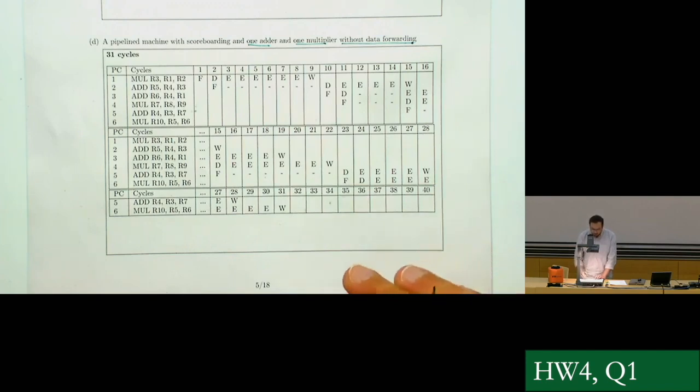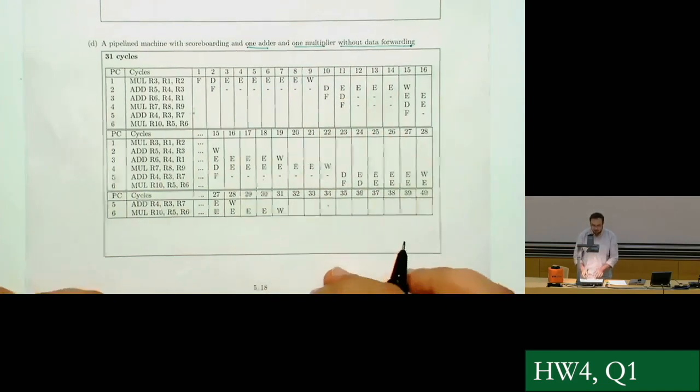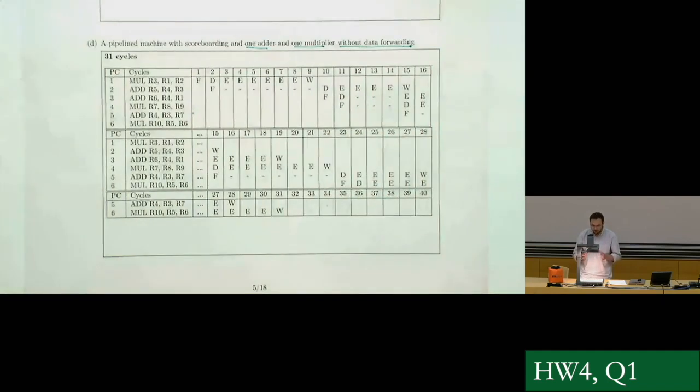Here, we assume that once we start using an adder for an instruction, then we cannot pipeline inside this adder. So we just give the inputs to this adder, and we get the output at the end of the 4th cycle. Or in the multiplier case, it's at the end of the 6th cycle.